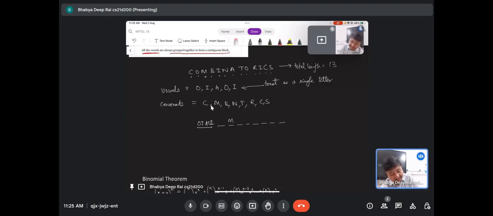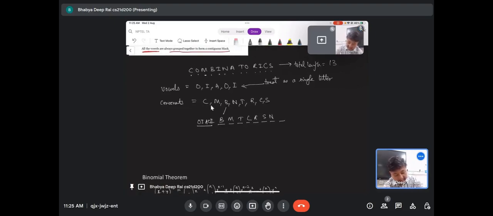I can put, let's say, M here, B here, T here, R, C, and so on, M, S, and so on. Okay, where does S go? S goes here and so on. And now I find the number of arrangements for this.